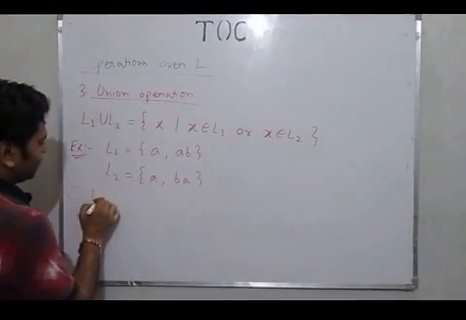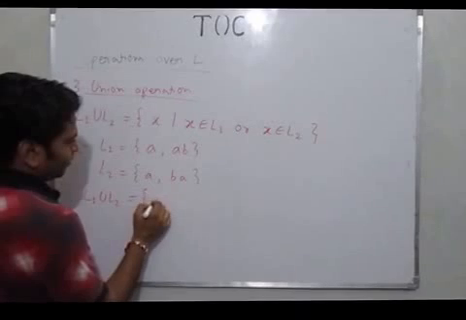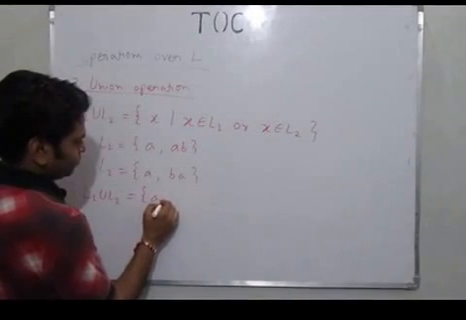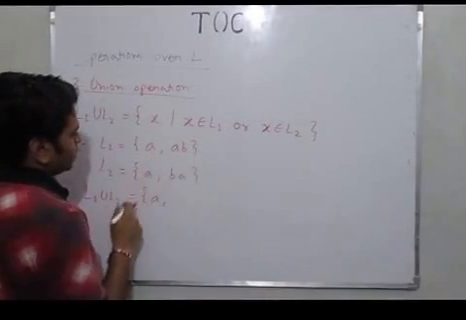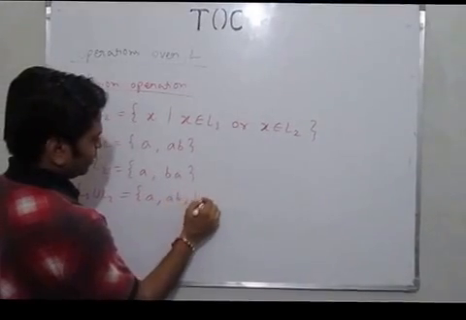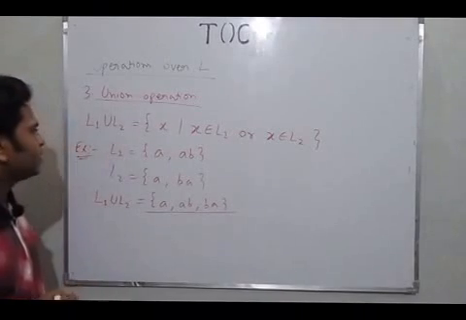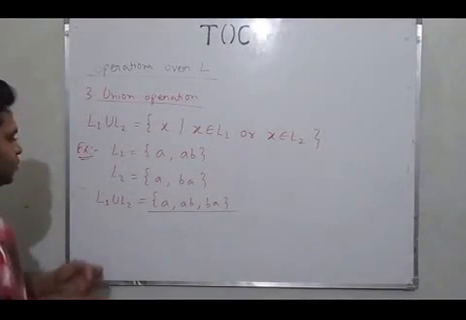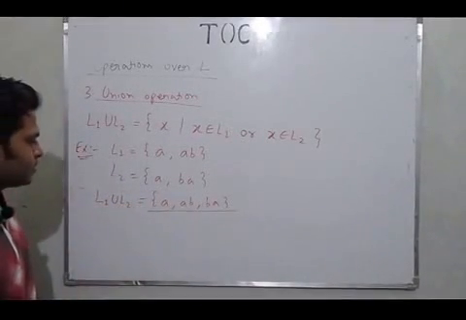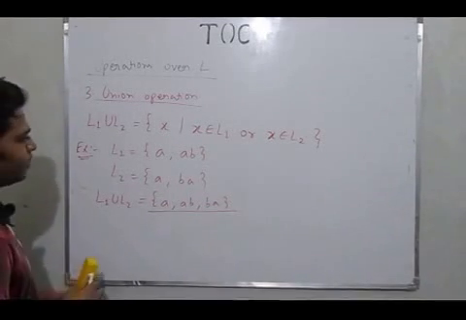So the union over this would be A, AB, and B. Fine. This is very much clear that L1 union L2 would result in something like this.